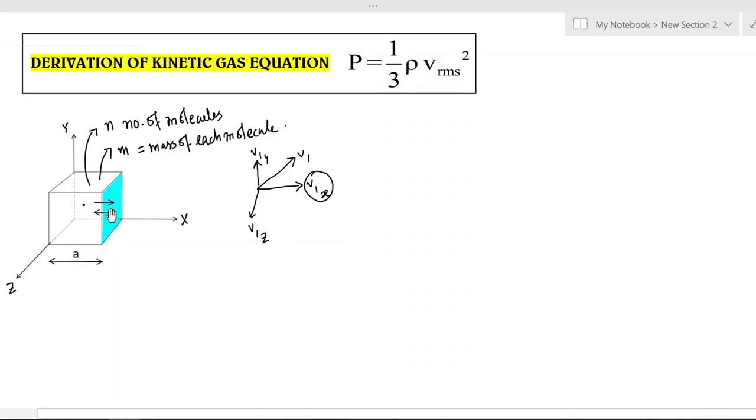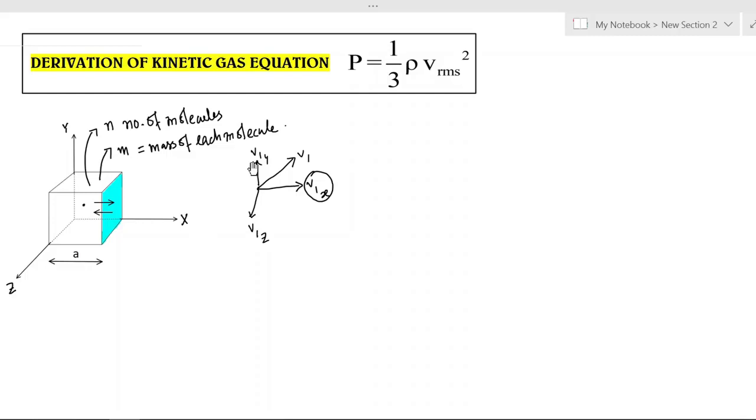After the collision is over, it is bouncing back in the same direction from which it had come with a velocity minus v1x. Because another assumption is coming into consideration: the collisions of the gas molecules among themselves and with the wall of the container are perfectly elastic in nature.